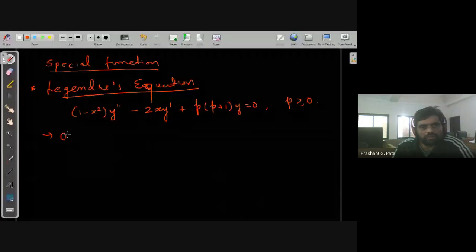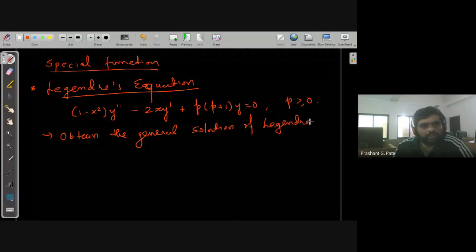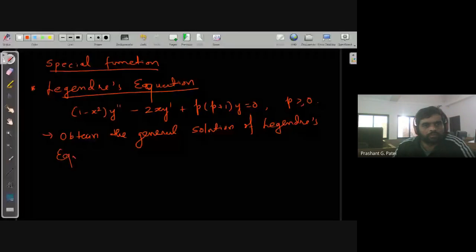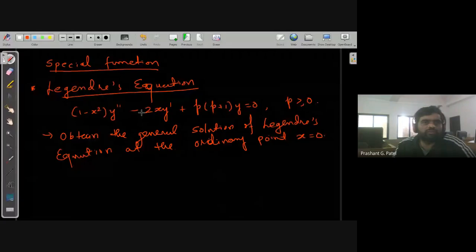So the question is: obtain the general solution of Legendre's equation at the ordinary point x equal to 0. The Legendre equation is the one which we have written.